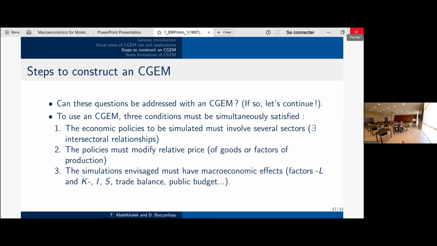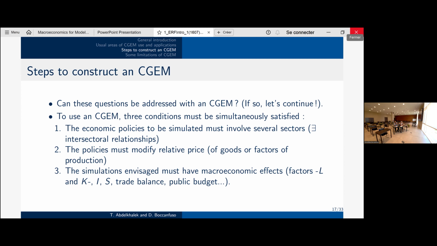The second one: the policy we want to simulate must modify relative prices, because, as I told you before, it is a Walrasian model. So when relative prices do not change, the equilibrium cannot change. This is what we all learn from the Walras model.